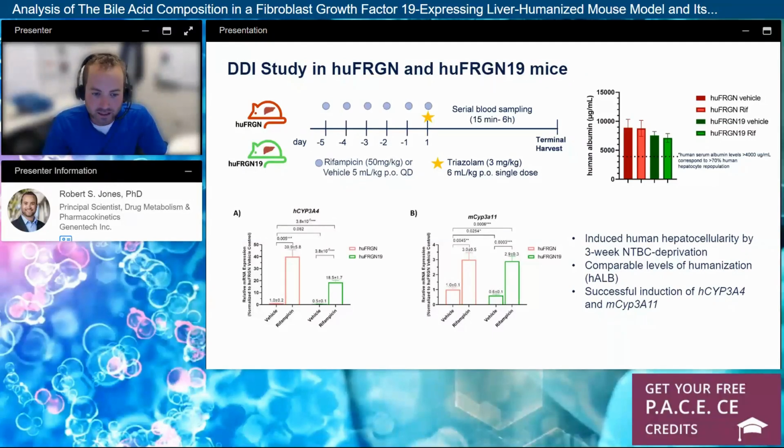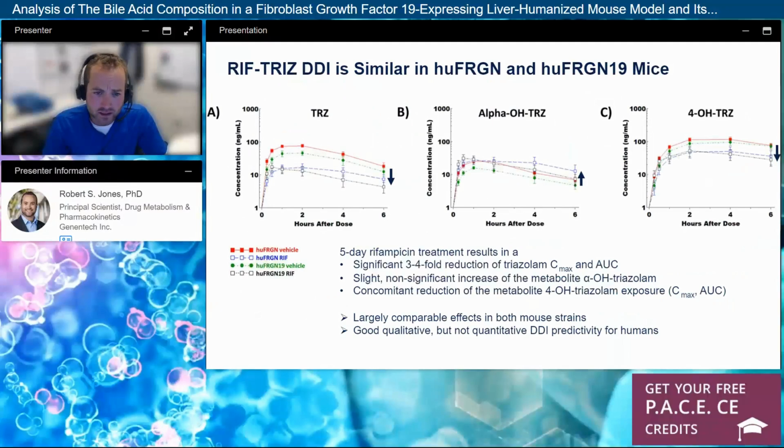And then on the next slide, what I'd like to share is the final pharmacokinetic data for this drug-drug interaction. In panel A, this is the pharmacokinetic profile after triazolam treatment. Again, the rifampicin was administered for 5 days orally, and that induces cytochrome P450-3A4.